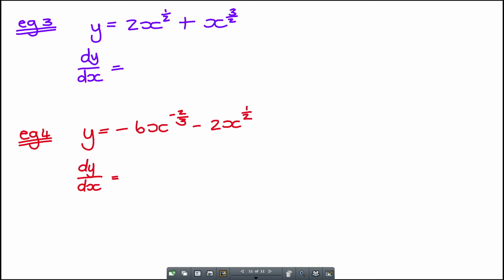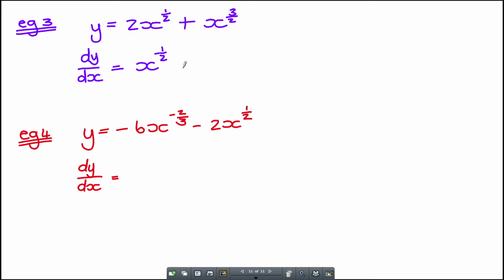Okay, right. Everyone done with example 3 at least? Okay, so if I take that half and I multiply it with a coefficient of 2, it gives us 1. So I don't have to write that 1, but you're more than welcome to. X to the power of, and then I had a half, subtract 1, so it will now become minus a half.